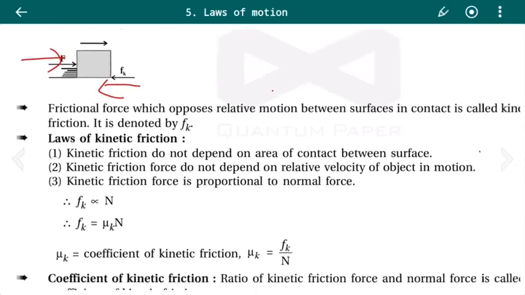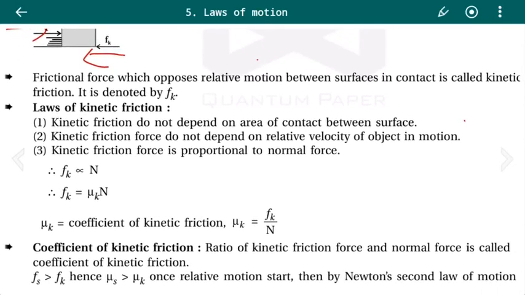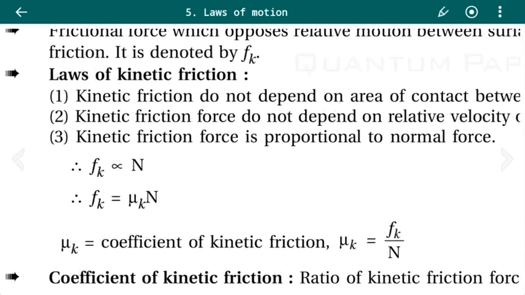Laws of kinetic friction. First, kinetic friction does not depend on the area of contact between the surfaces. As we have already seen for static friction, whatever type of friction it may be, friction depends on the contact between the surfaces and does not depend on the area of contact. Second, kinetic friction force does not depend on the relative velocity of the object in motion. Third, kinetic friction force is directly proportional to the normal force, as we have seen for the static frictional force.